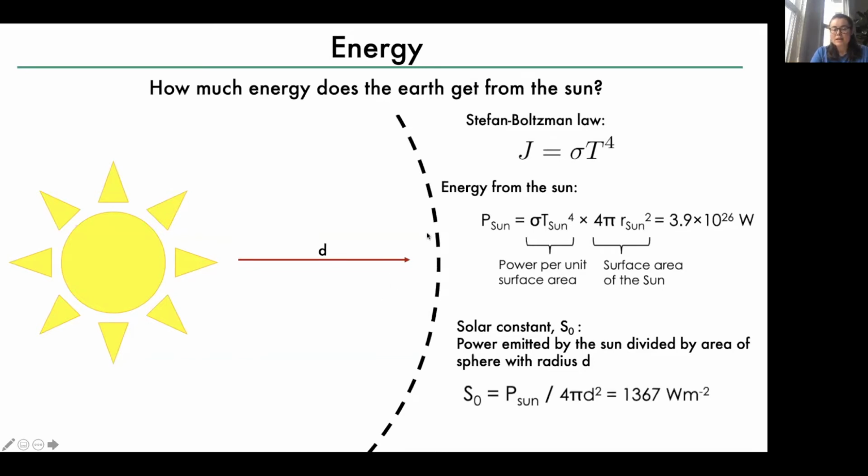So along this sphere indicated by this dotted line, the amount of power emitted by the sun that gets there is equal to what we'll call now the solar constant, S naught. And that's the power of the sun divided by the area of the sphere, so 4 pi d squared. And that's 1,367 watts per meter squared.